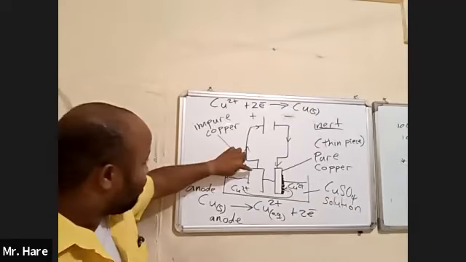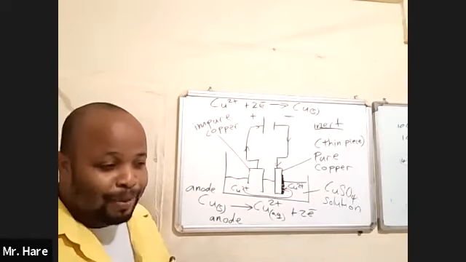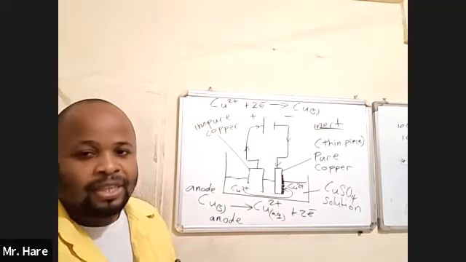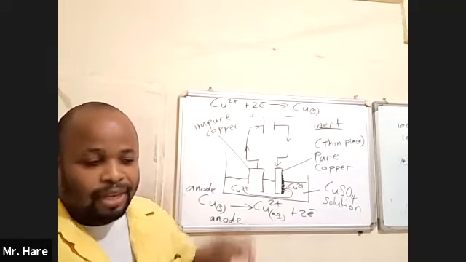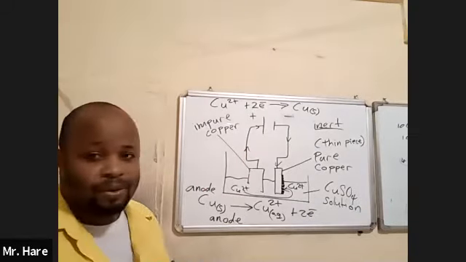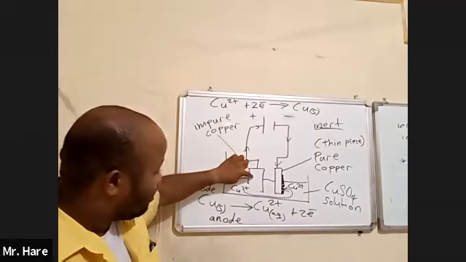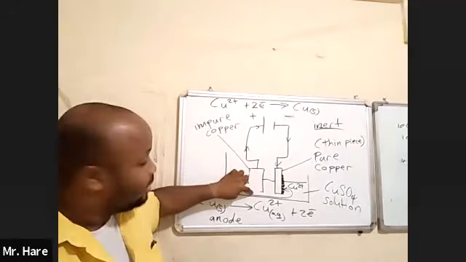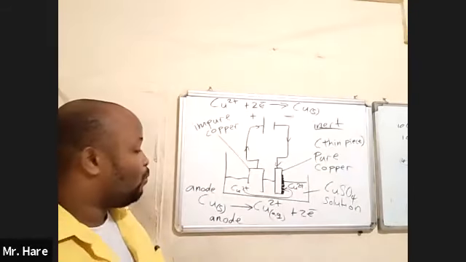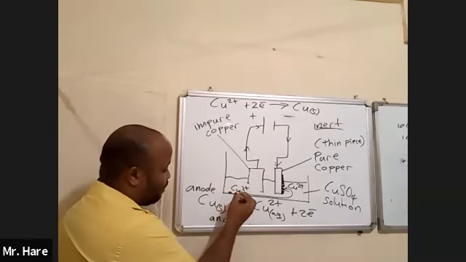And the impure copper, which is the anode, is going to get thin over time because it is being oxidized. The atoms are converted to ions, so it is breaking down. So as an observation, the anode will get thin, the cathode will get thick, and we would have impurities falling to the bottom of the beaker.